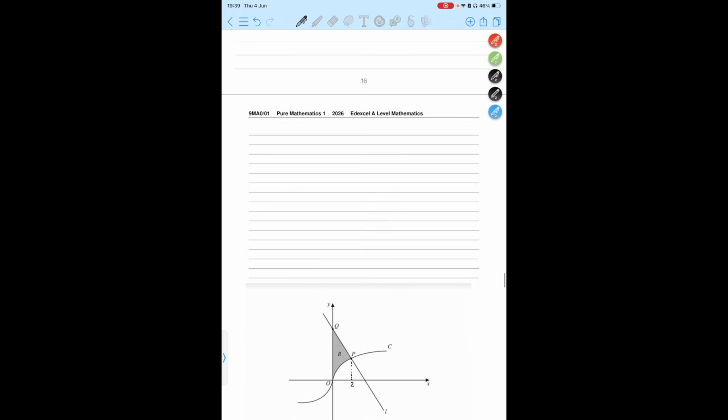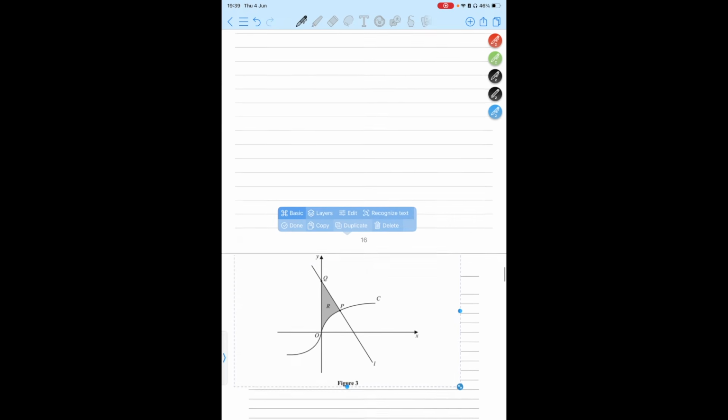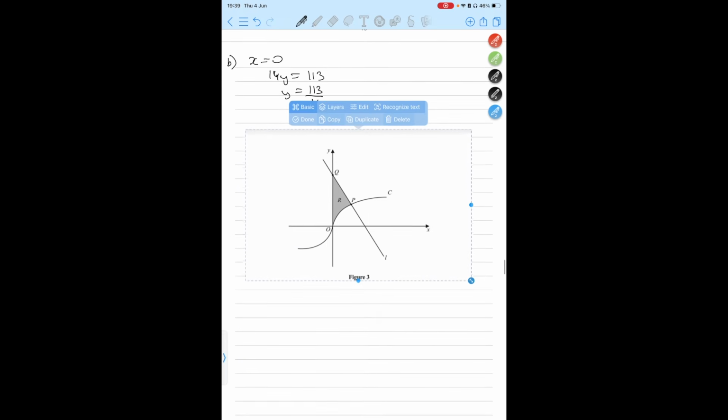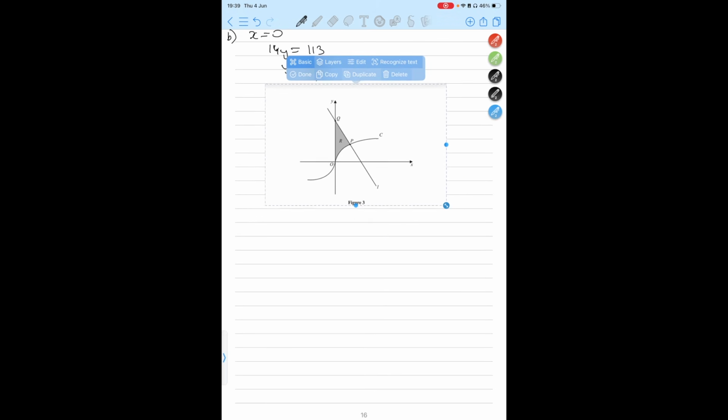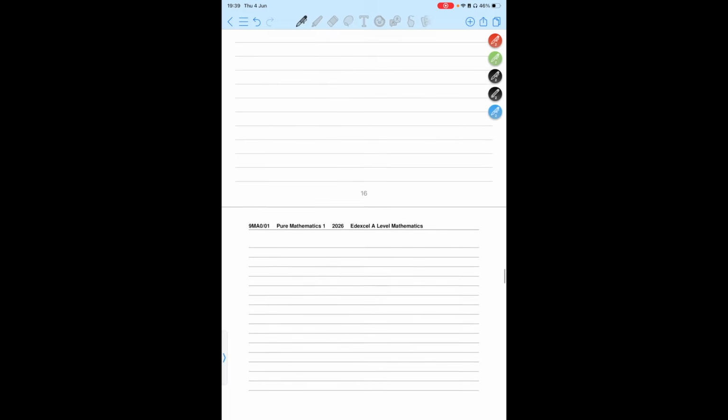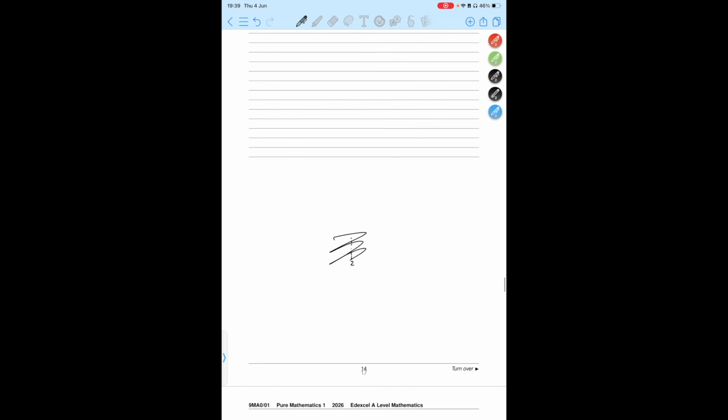So I'm going to shift this up now so we can work on part C. I'm going to do some annotations on the diagram so it can help me. So we know this point here is 2. I could have sworn I labeled that earlier. Yeah, that's where it went.